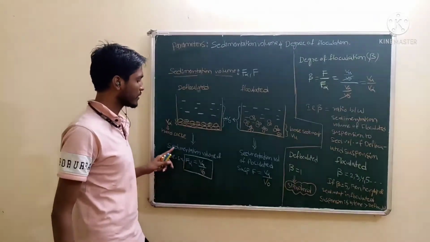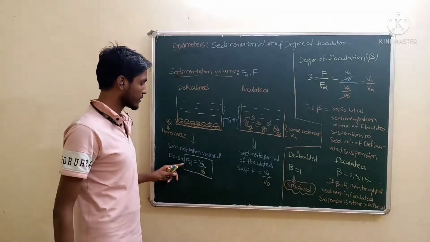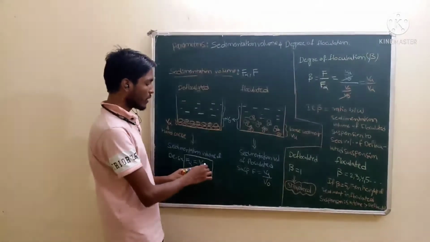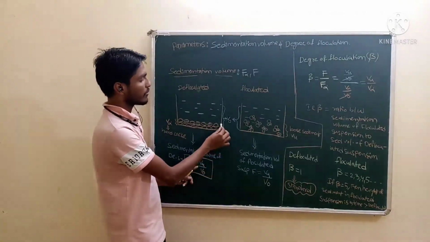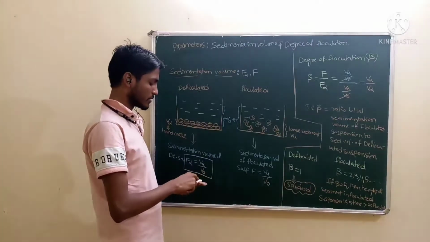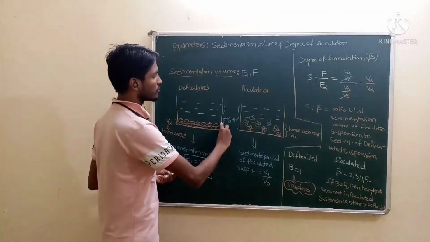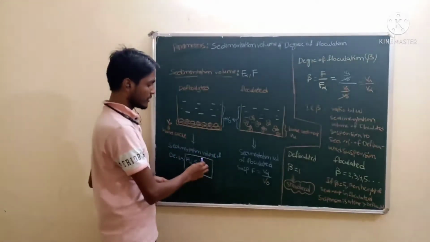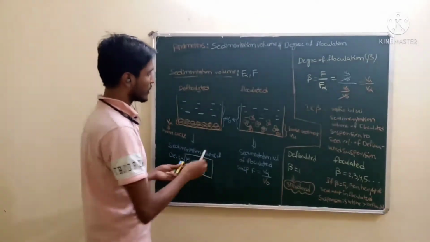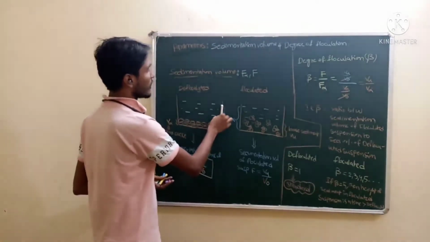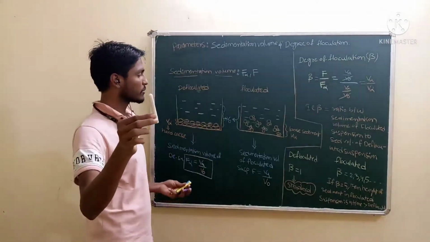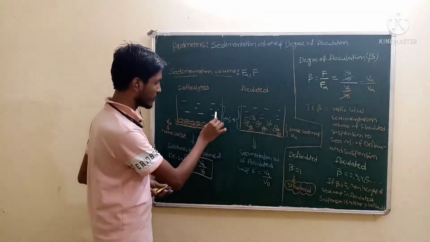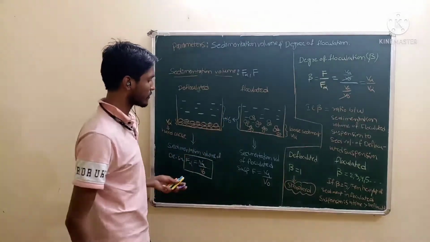The sedimentation volume of deflocculated suspension can be calculated by Fα is equal to how much volume of hard cake is formed. This much amount of hard cake is formed, first I need to write this, followed by how much solvent is present. Then I am comparing this with the total amount.